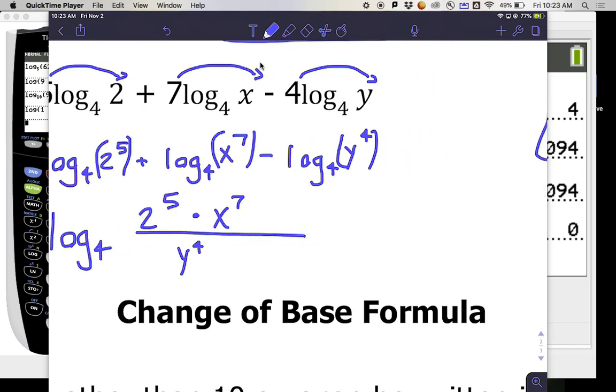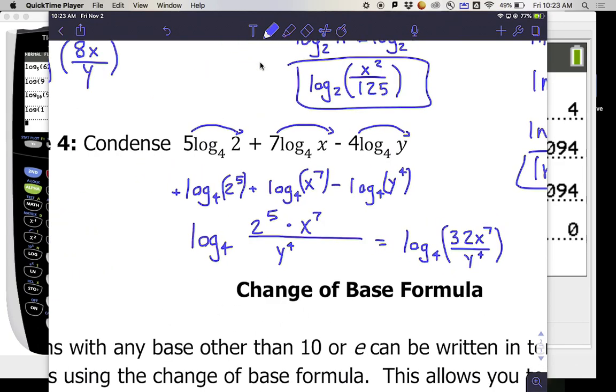And then to get full credit, we can actually simplify 2 to the 5th. I believe that's 32. So then we'll call this log base 4 of 32x to the 7th, and then all over y to the 4th. And then that is it right there.